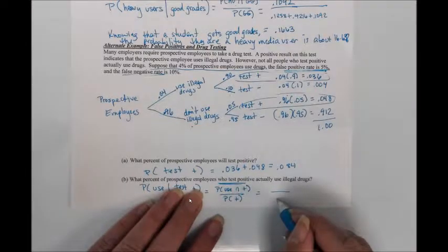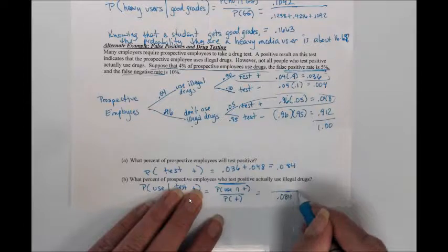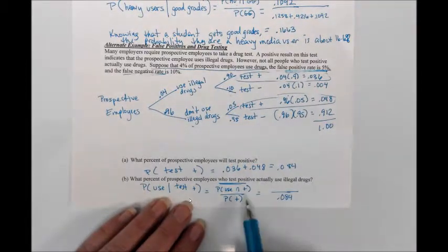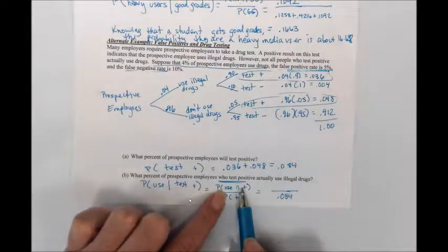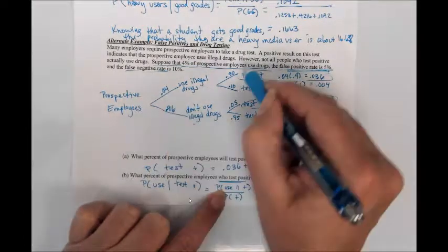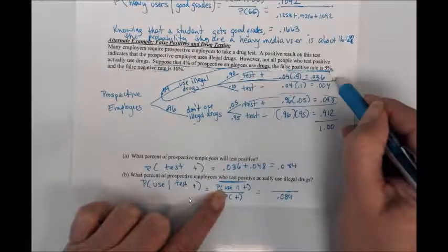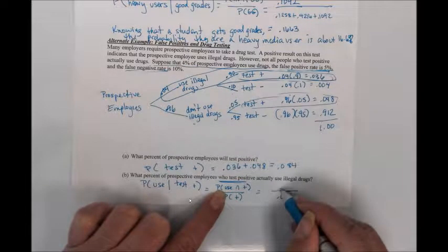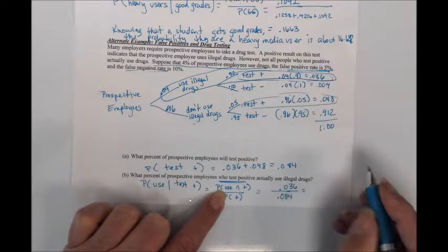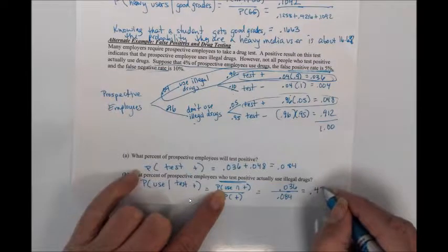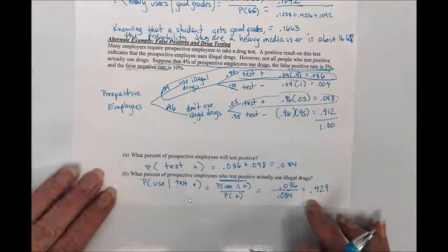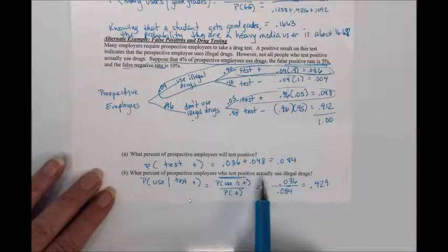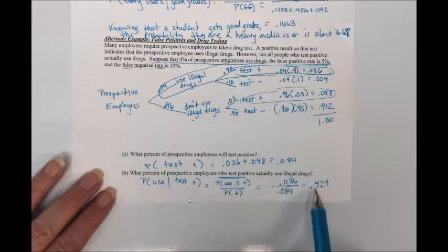The probability that they test positive was our 0.084. And then the probability that they use and test positive is just this group right here, our 0.036. And that ends up being 0.429. So knowing that they tested positive, about 43% of them actually use drugs.